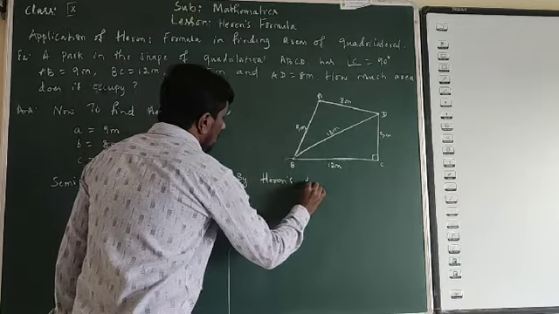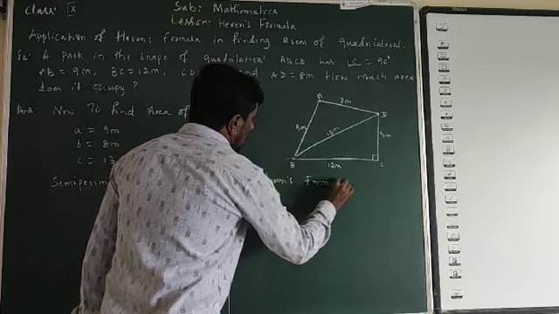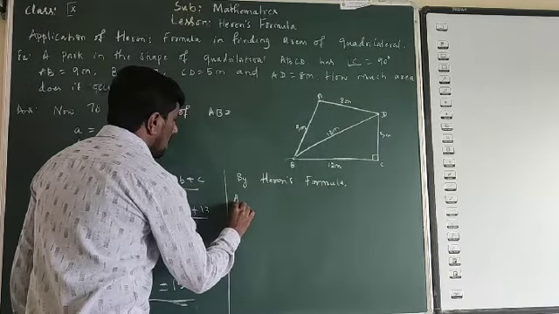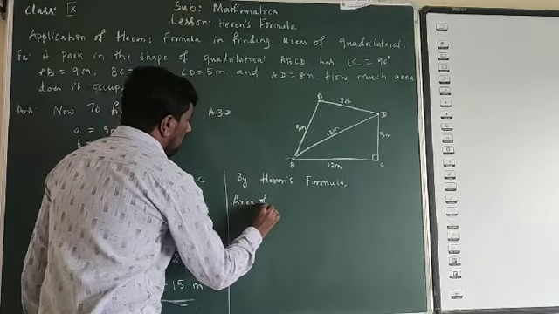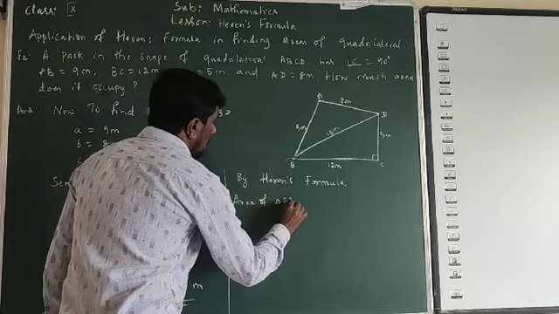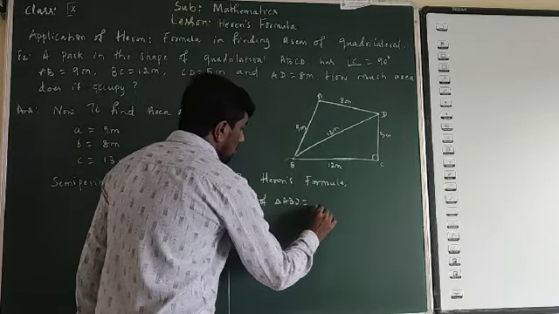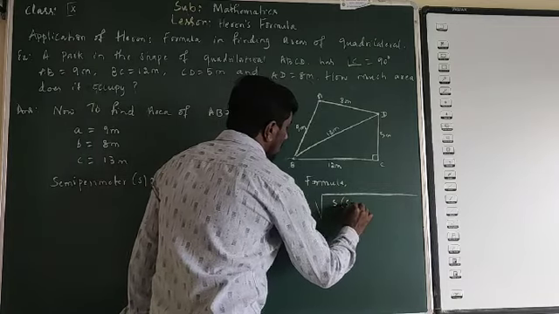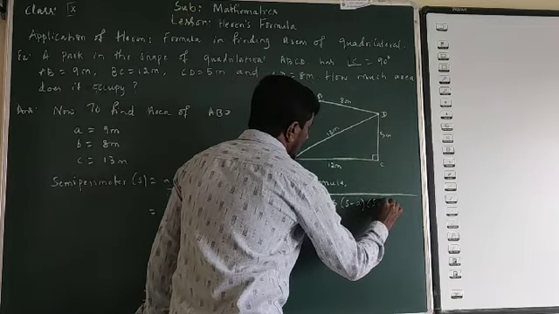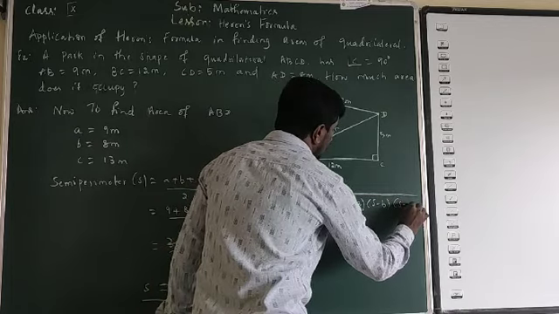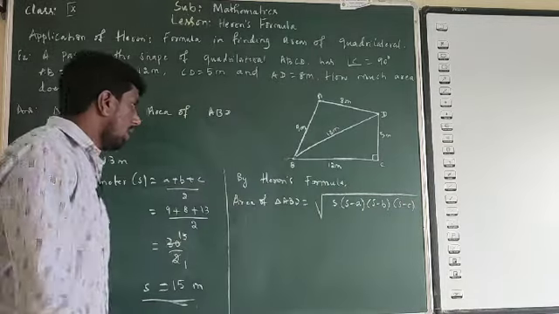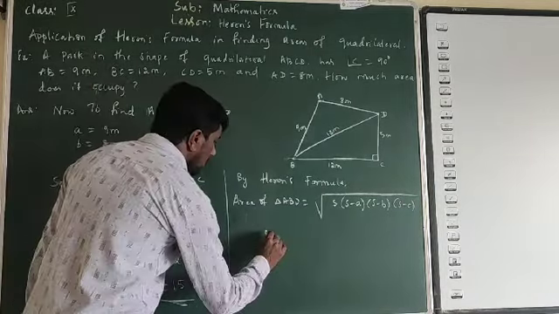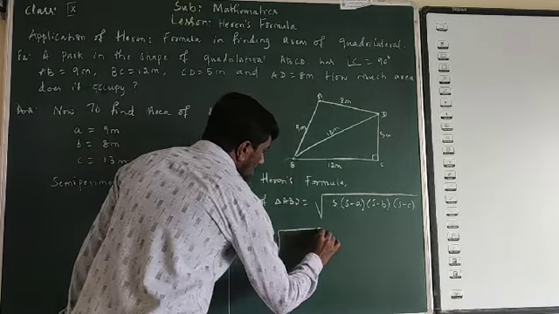By Heron's formula, the area of triangle ABD is equal to, what is Heron's formula? Square root of s into s minus a into s minus b into s minus c. Clear? Now we will substitute all the values of s minus a and s minus c. We will do the square root.